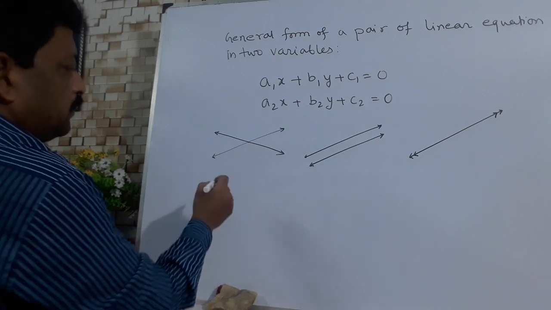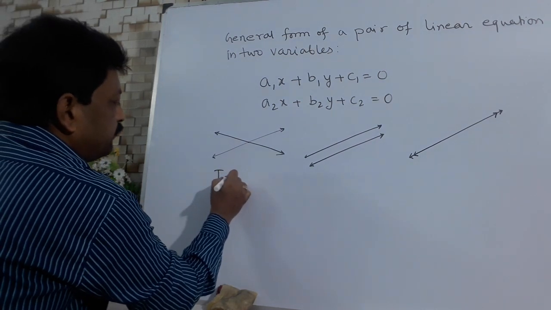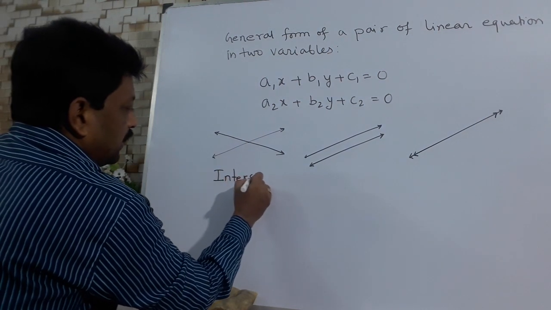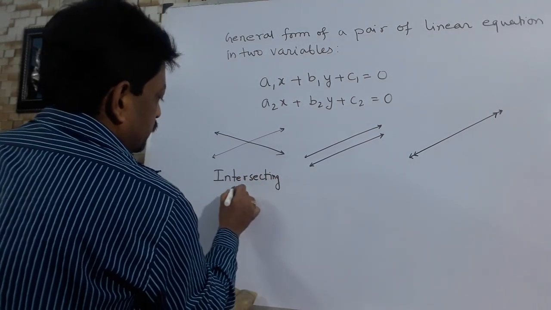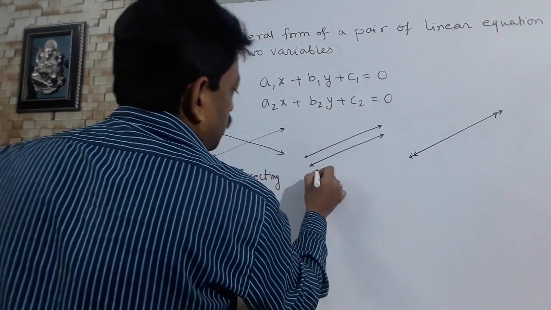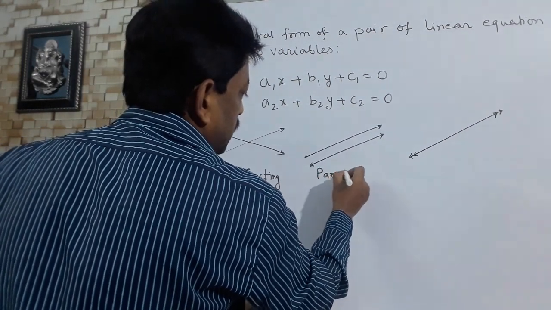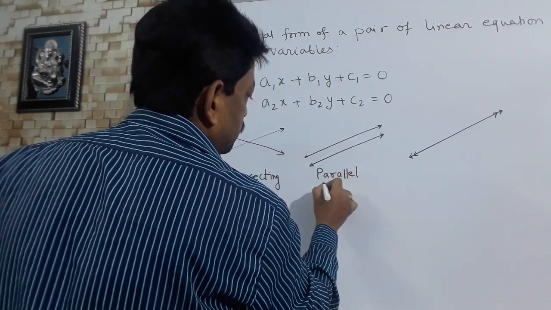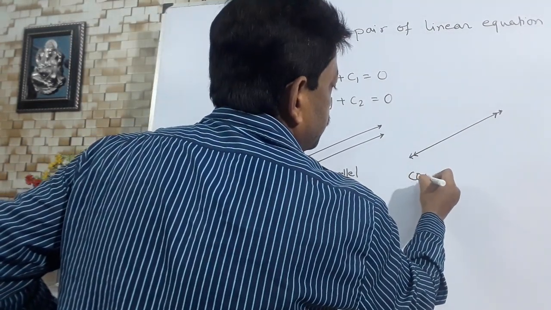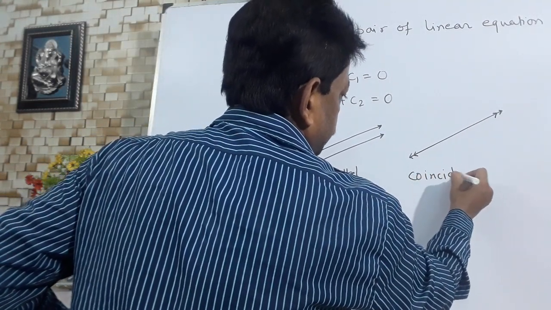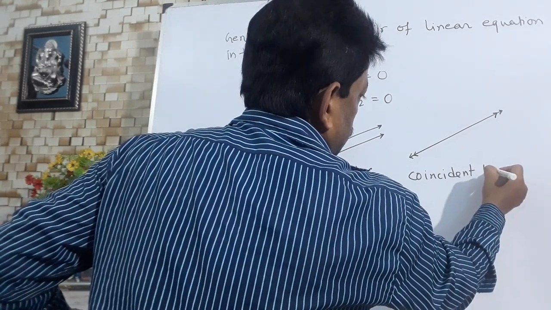Therefore, a pair of linear equations will either represent intersecting lines, or it may represent parallel lines, or it may represent coincident lines.